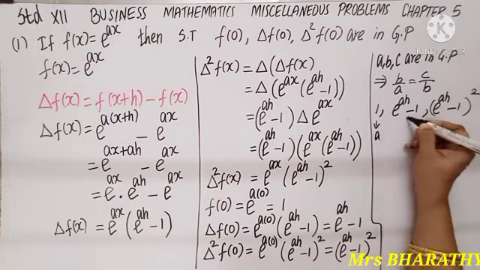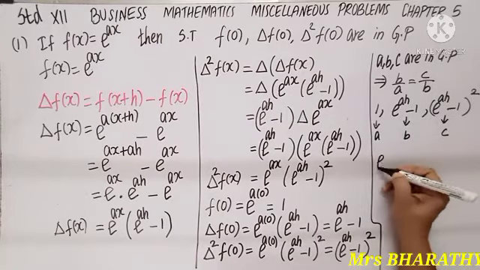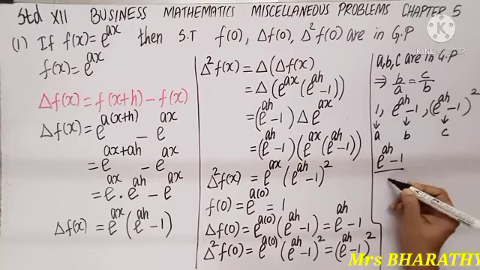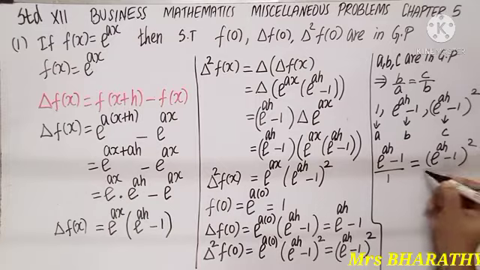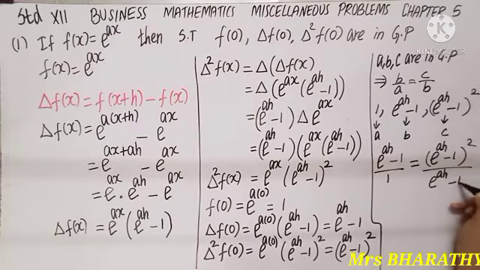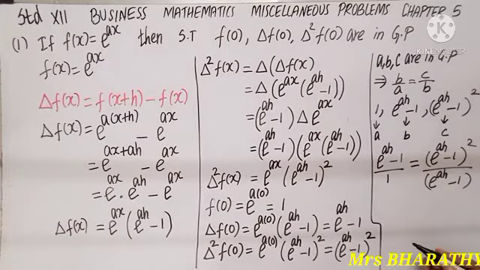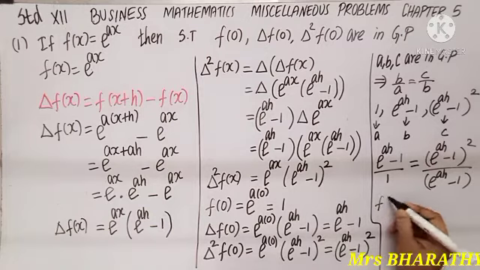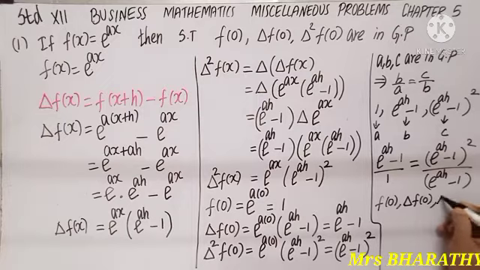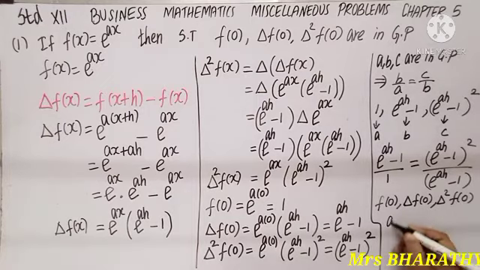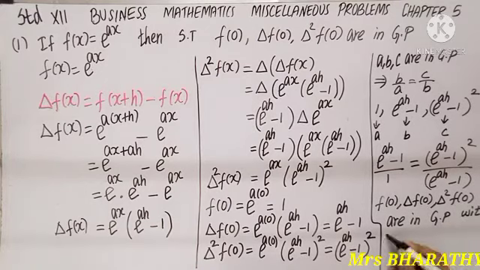So treating this as A, B and C. B by A, e power ah minus 1 by 1 is e power ah minus 1. C by B, e power ah minus 1 the whole square by e power ah minus 1. As I check, both are equal. So we will say f of 0, del f of 0, del square f of 0 are in GP with common ratio.